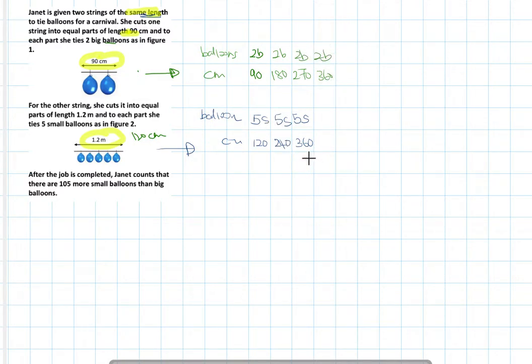Can you see here? I have here 360 and here 360, which means that now the length is the same. It's the same length. The only thing here is, I cut this into how many parts? I cut this into 4 parts, while I cut this into 3 parts.